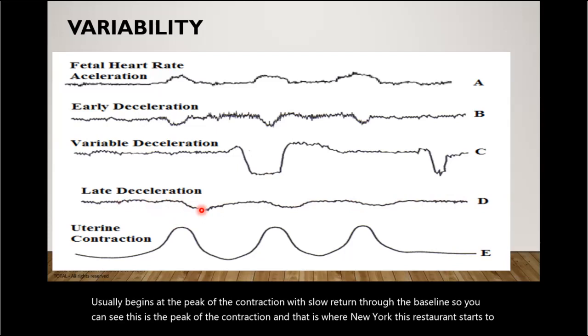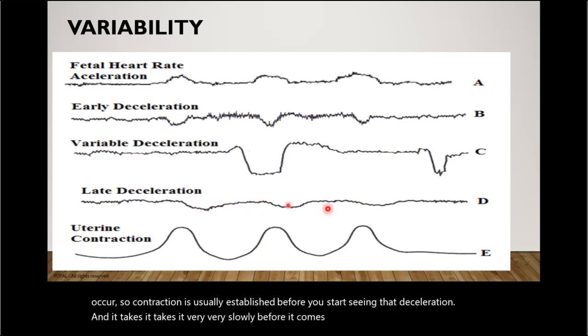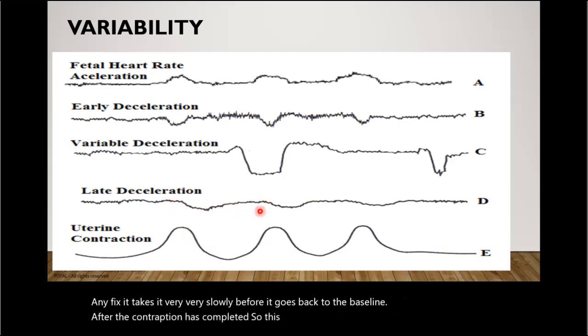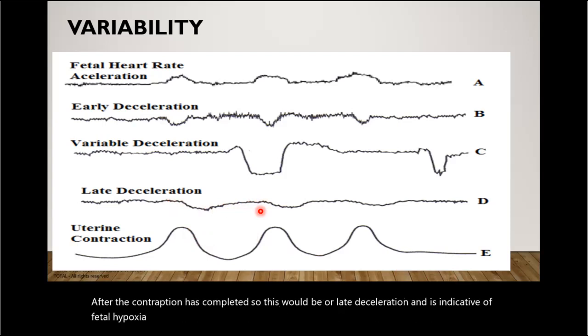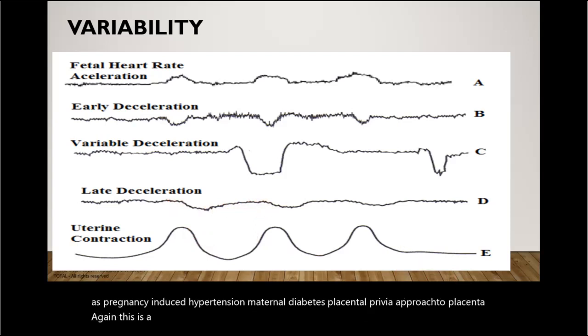The contraction is established before you start seeing that deceleration, and then it returns very, very slowly to the baseline after the contraction has completed. This is your late deceleration, and it's indicative of fetal hypoxia because of deficient placental perfusion, which could be caused by factors such as pregnancy-induced hypertension, maternal diabetes, placenta previa, or abruptio placentae. Again, this is a non-reassuring sign.